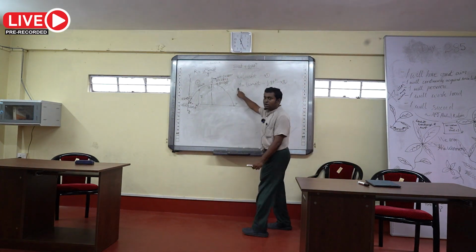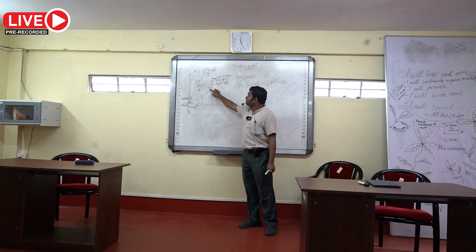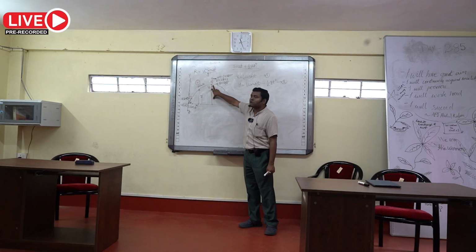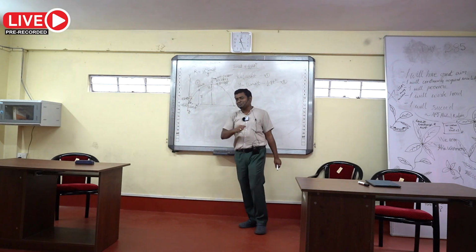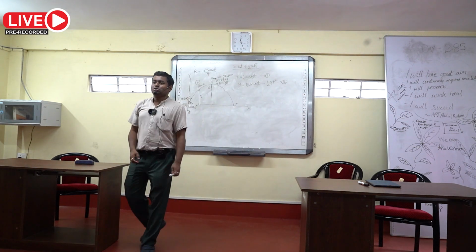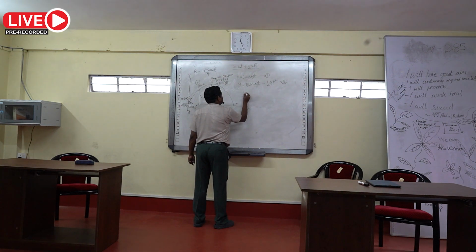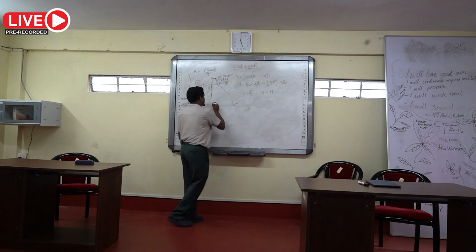So if in equation 2 I put small t equal to capital T by 2, then y will be equal to maximum height h.